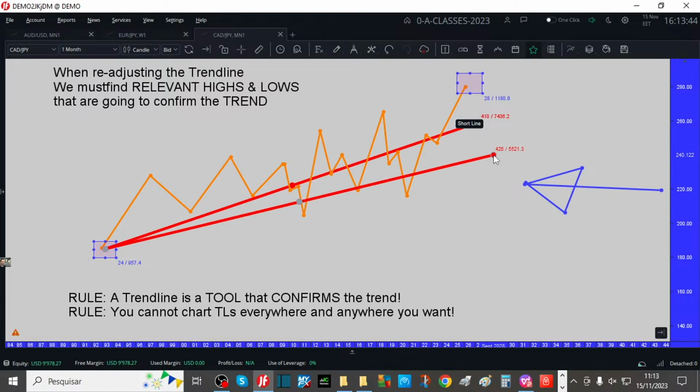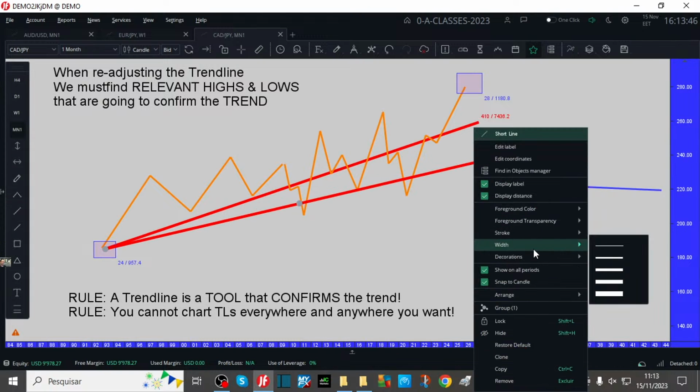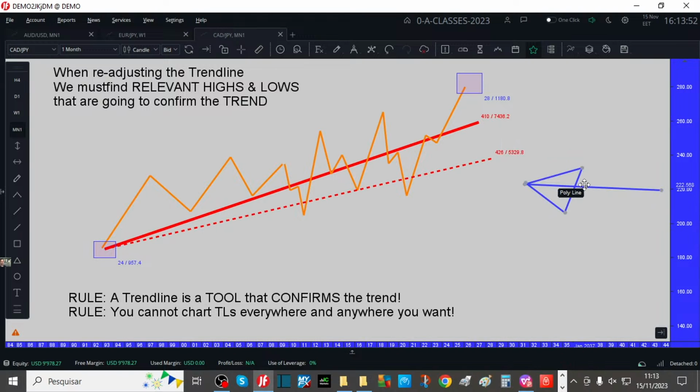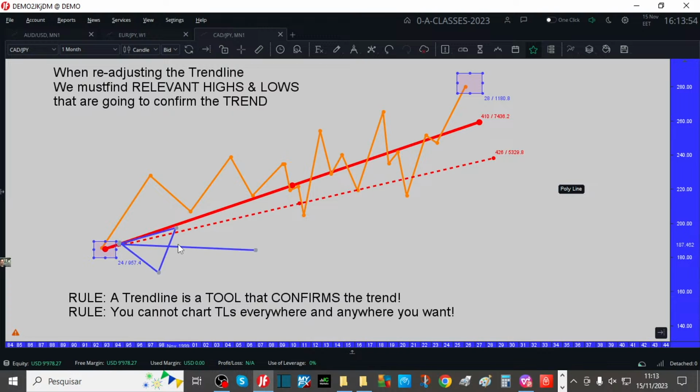I'm going to readjust this trend line to this level. And I can say, all right, would this low connected to this low confirm this uptrend? And the answer is no. Why not? Because the market still broke the uptrend line here and here.